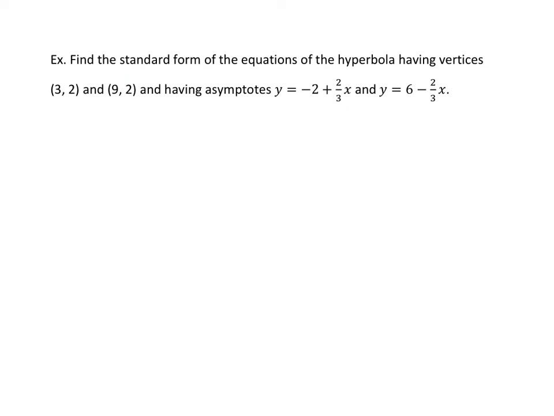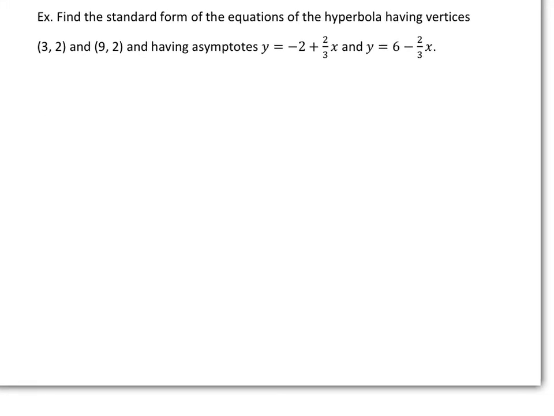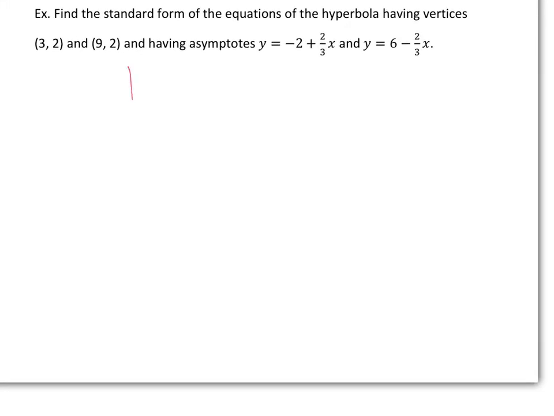One more example. Find the standard form of the equation of the hyperbola having these vertices, and this time it gives me the asymptotes. Okay, let's start by drawing a picture to see what we're dealing with. I need to be at 3, 2, and 9, 2. 3, 2 here. 9, 2 here.